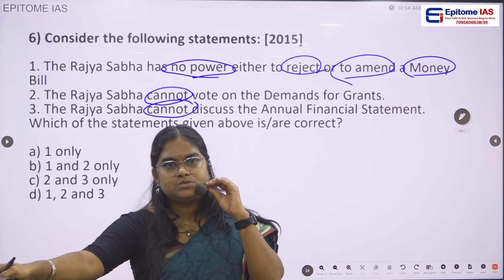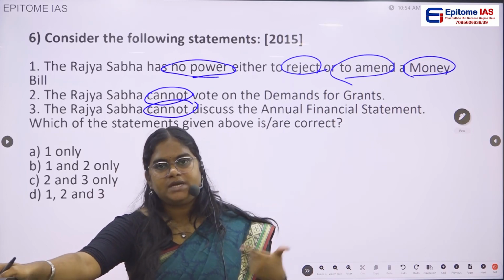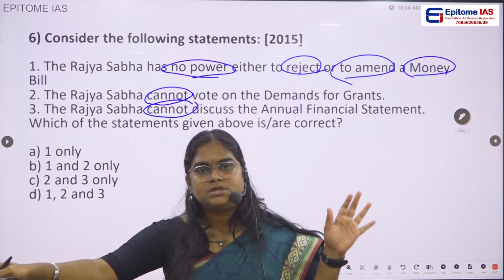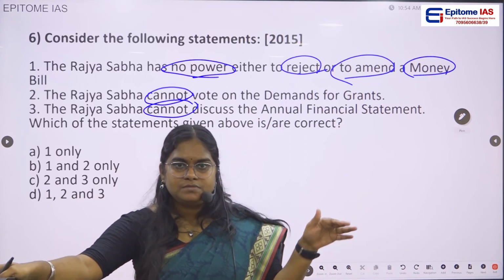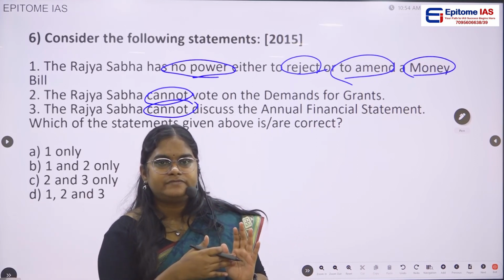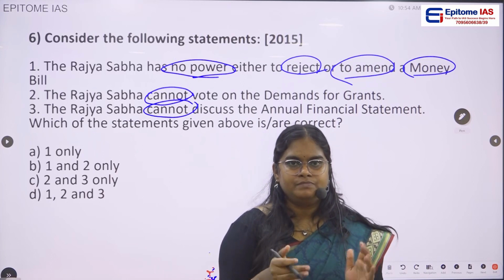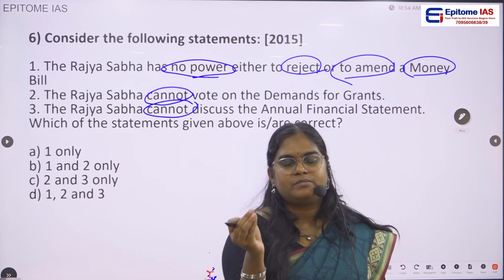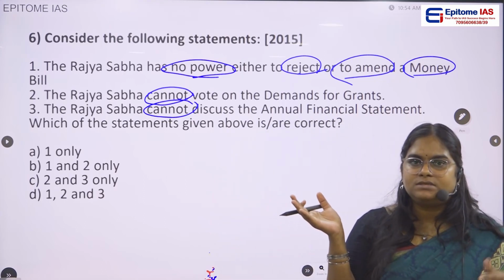The Rajya Sabha has only the power to make recommendations. And even though it makes recommendations, it is not obligatory on the Lok Sabha. It is not binding on the Lok Sabha. The Lok Sabha can accept the recommendations also, it can reject also. So we saw that in case of a money bill, the Lok Sabha has the upper hand.